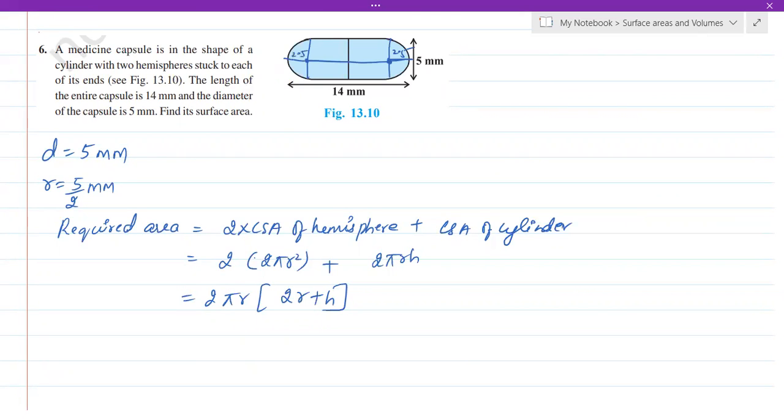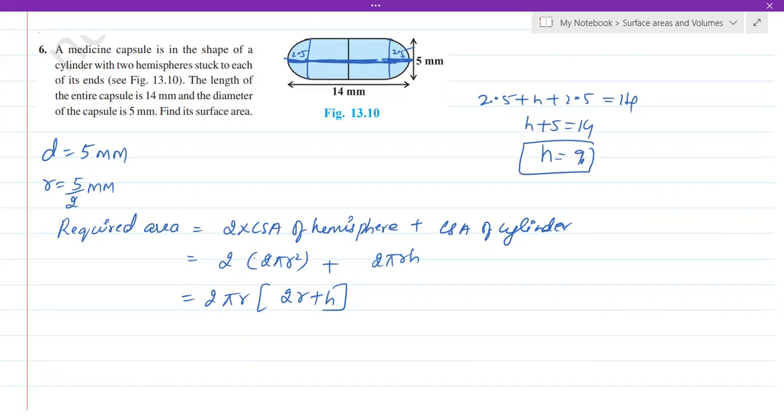So the total length is 2.5 from the left-hand side plus the height of the cylinder h plus 2.5, which will be equal to 14, isn't it? So 2.5 plus 2.5 is 5. So h plus 5 is equal to 14. Therefore h is 14 minus 5, which is 9.